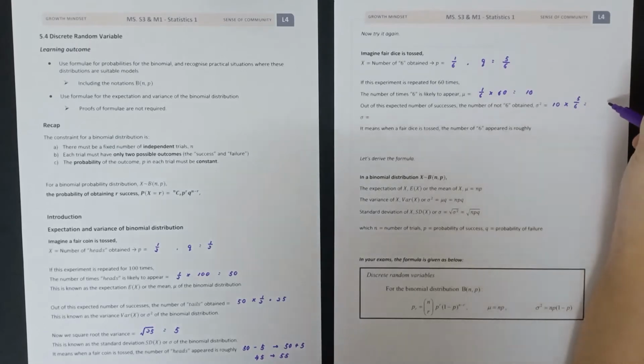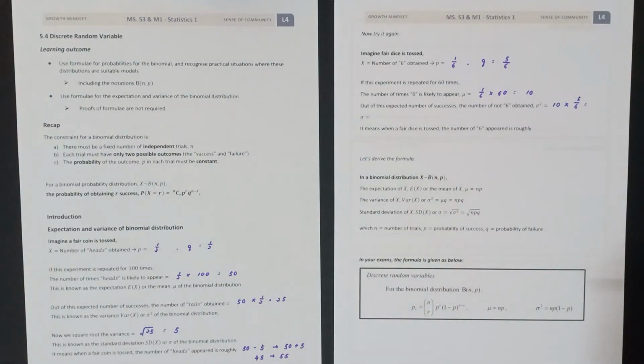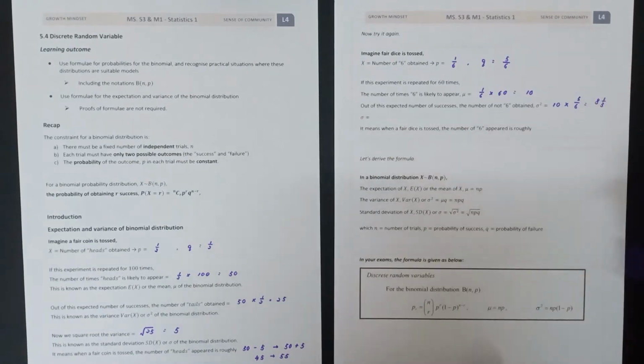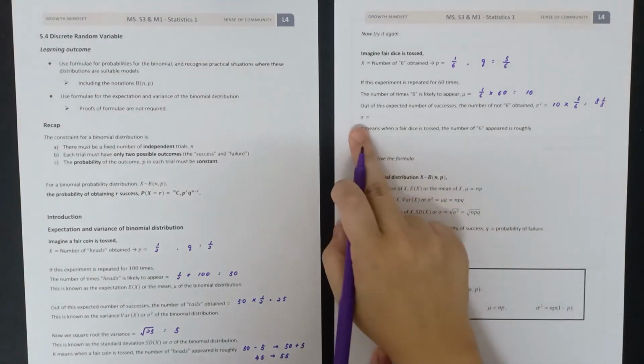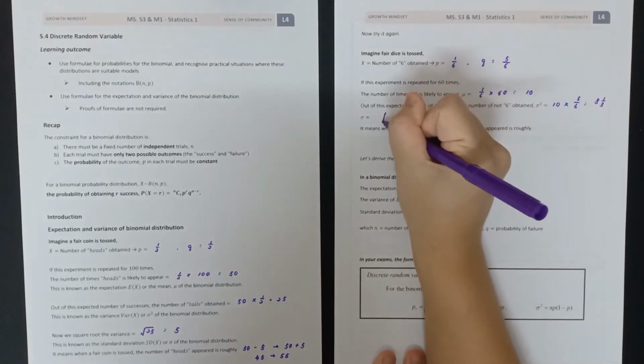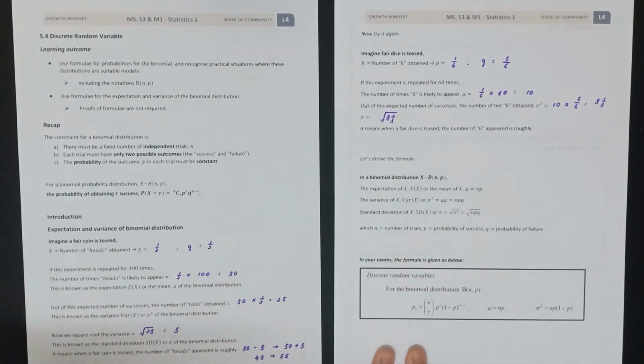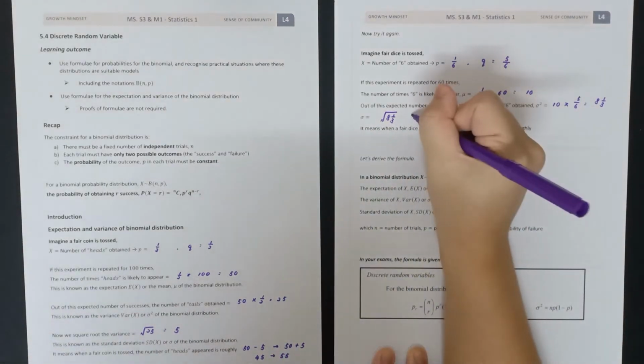When I multiply them together, I get a fraction of 8 1/3. This is not the answer because everything is squared. So now I want to find the square root. The standard deviation is the square root of 8 1/3, and it gives me an answer of 2.887.